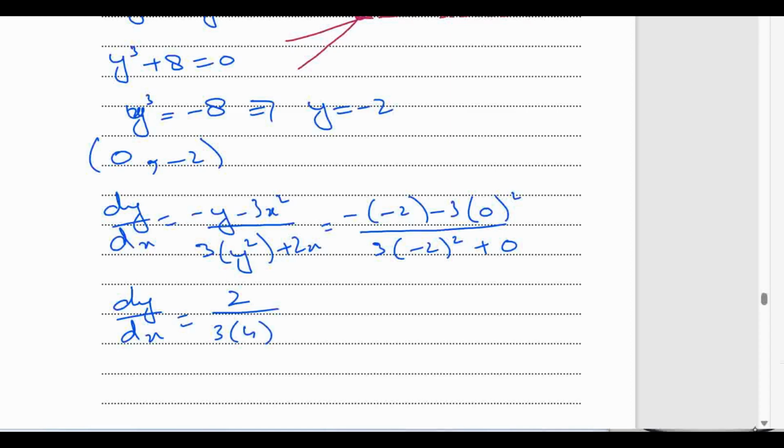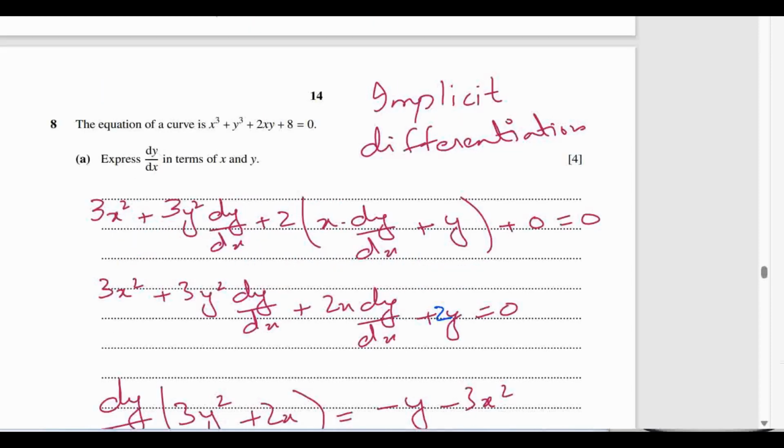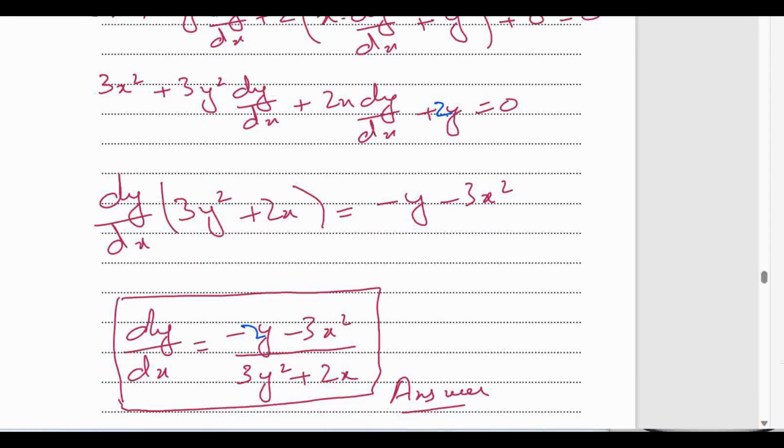This was minus y minus 3x square. So we can see that there should be 2 over here, and here also there must be 2 over here.